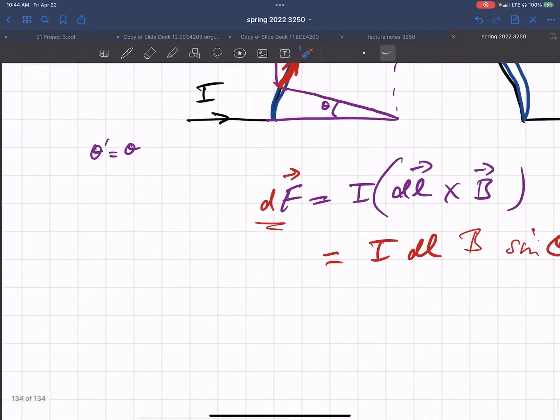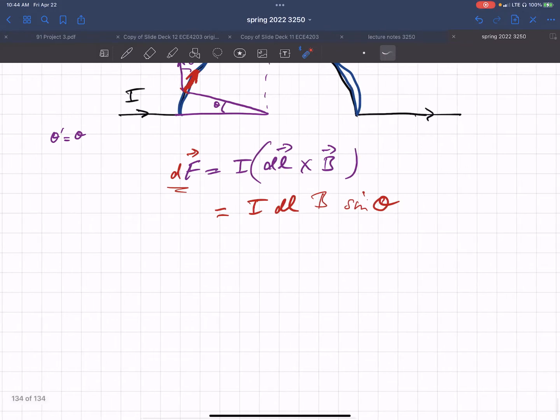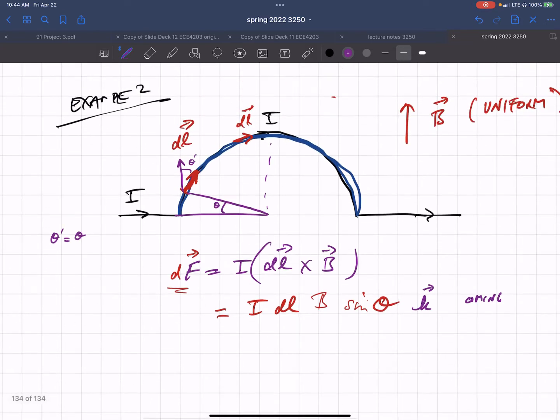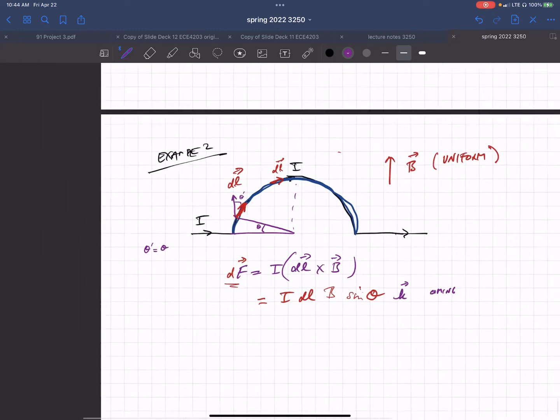By the way, this is coming out of the screen. I want to call it K, the vector coming out of the screen. That's the direction by the right-hand rule. If you don't remember the right-hand rule, it's a good time to remember it; I'm still sort of dusting off mine.